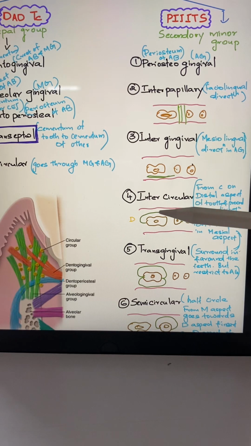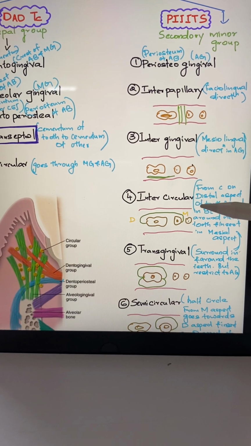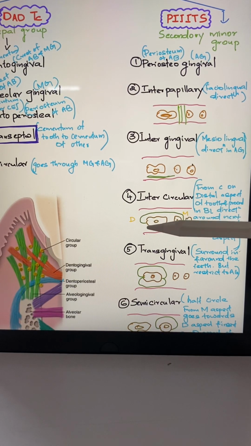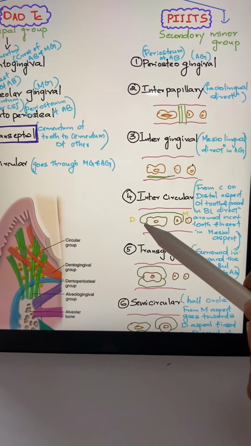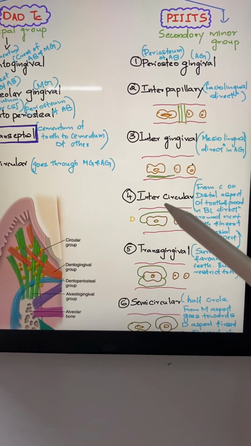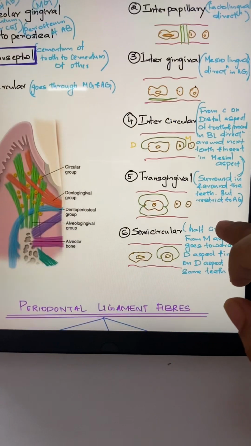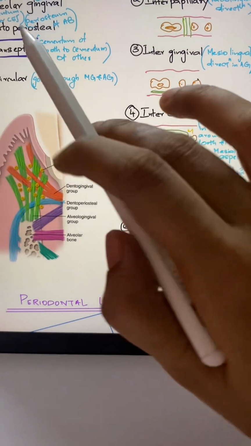And next, the third I is the intercircular. This goes from the cementum on the distal aspect of the tooth and proceeds in the buccolingual direction around the next tooth and inserts in the mesial aspect. It goes like this. Okay, this is intercircular. Next is transgingival, not the transeptal.